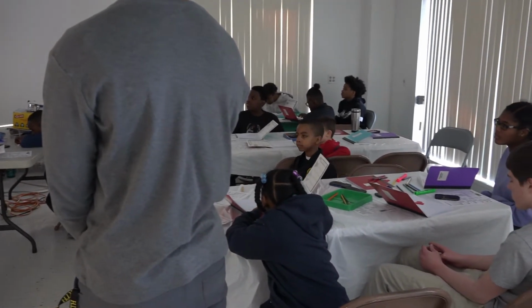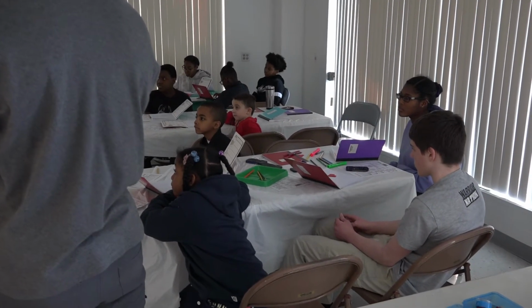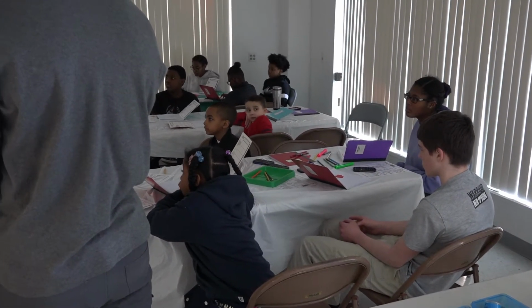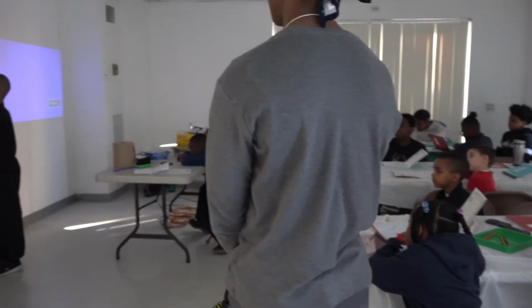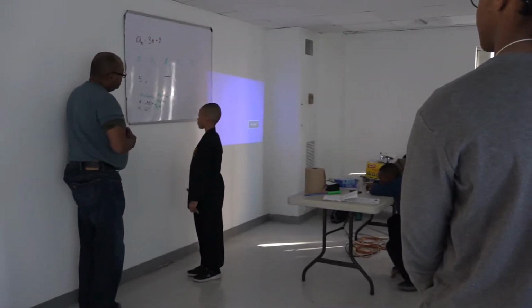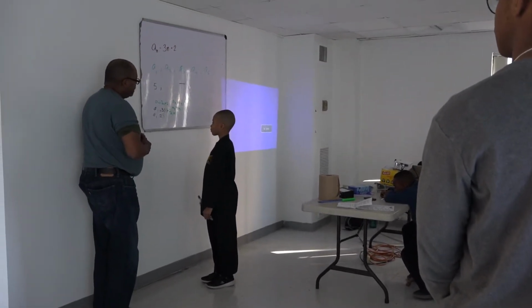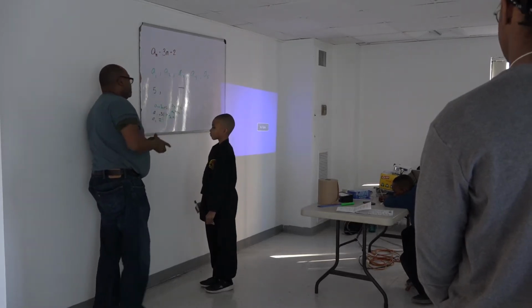So it was a sub 3 is equal to 3 times 3 plus 2. Correct. So a sub 3 is equal to 9 plus 2, and 9 plus 2 is what? 11. Perfect.